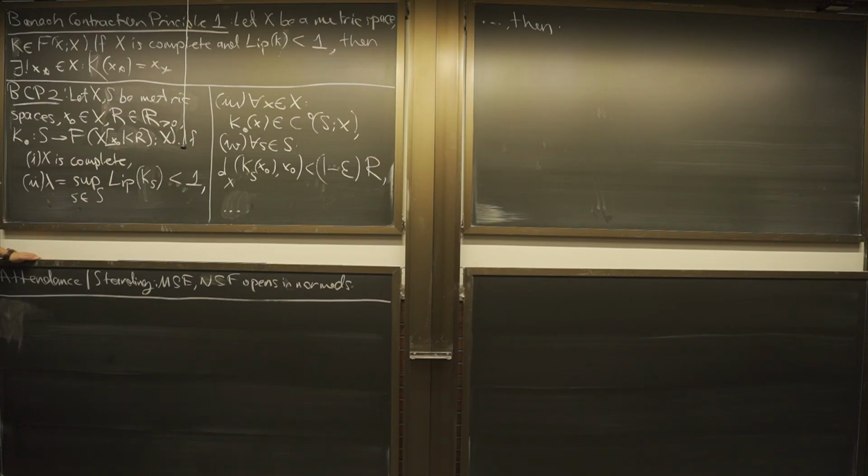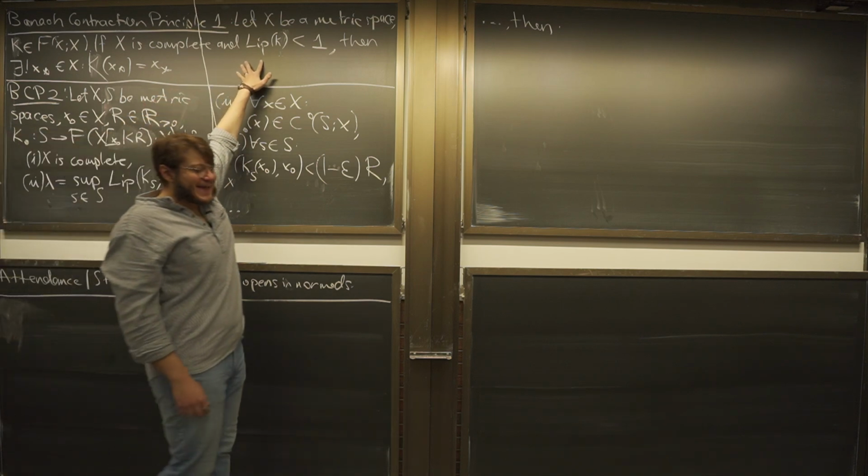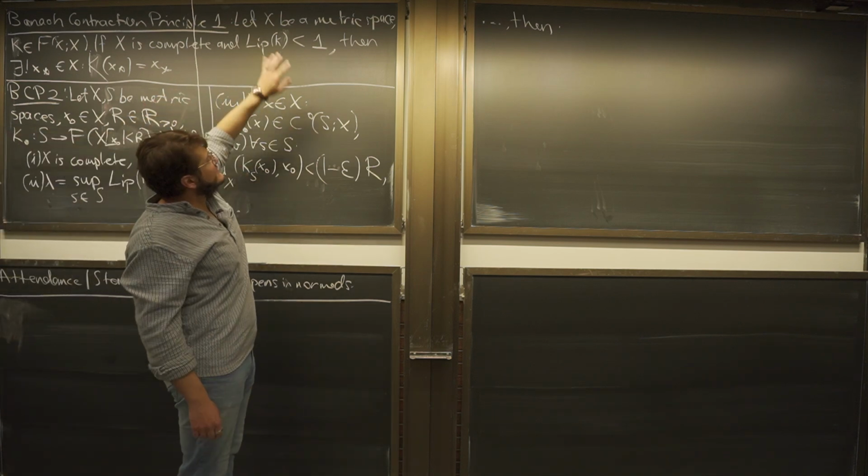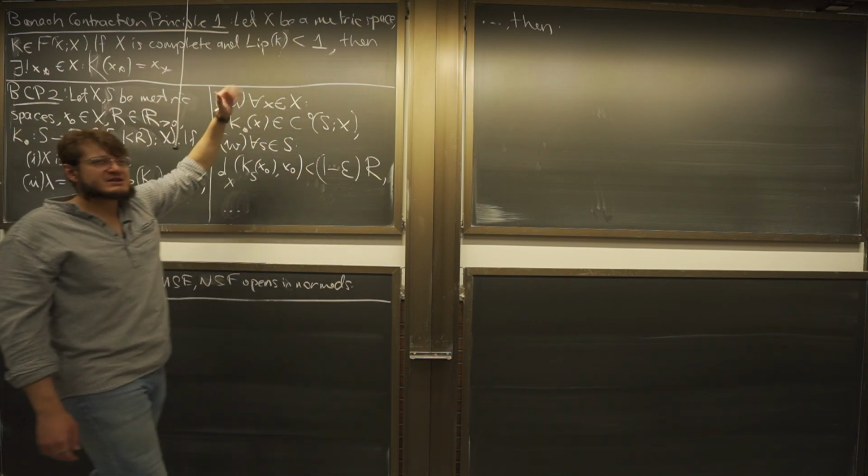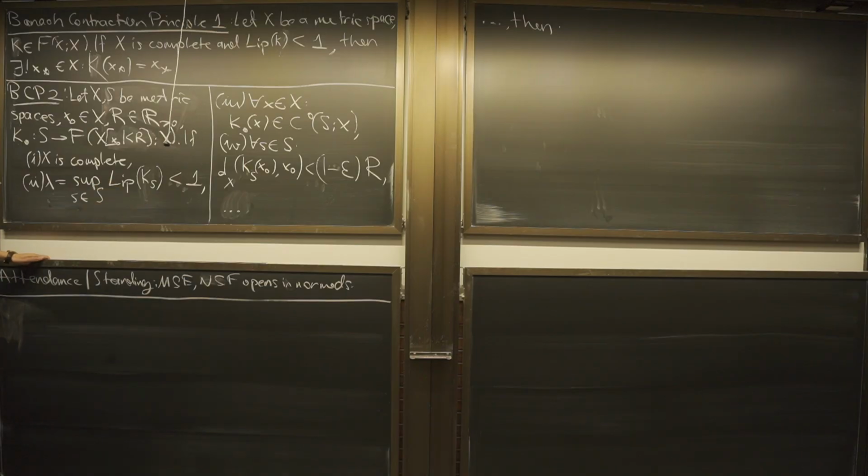That was the definition of completeness. And furthermore, if the Lipschitz constant of K is less than 1, so think of Lipschitz constant, we had defined this before. It's basically something like an operator norm. Let me remind you.